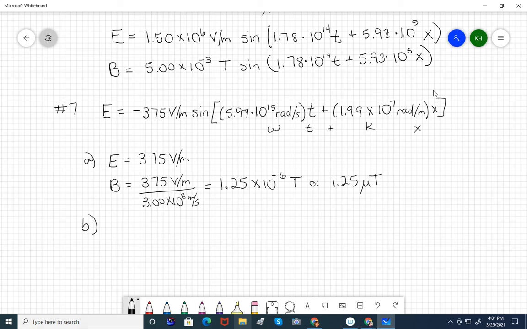we know that omega is 2 pi f. So f is omega divided by 2 pi. So omega is 5.97 times 10 to the 15th divided by 2 pi.